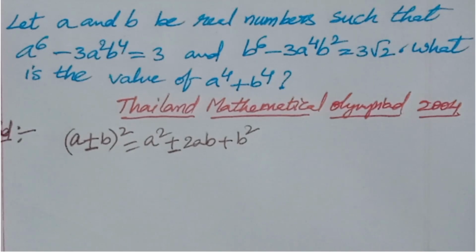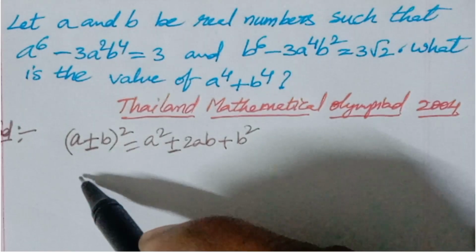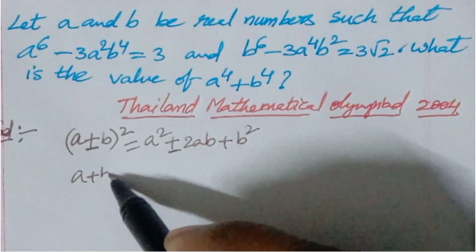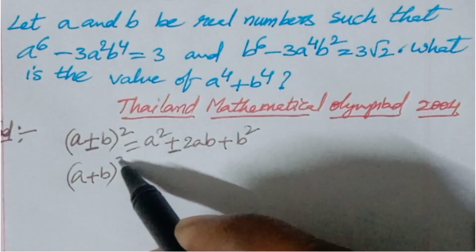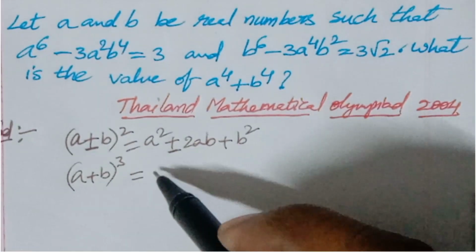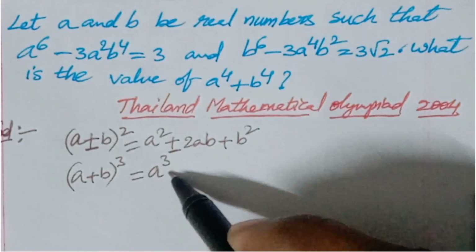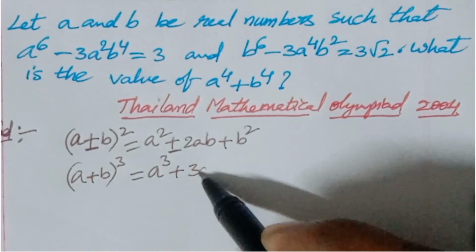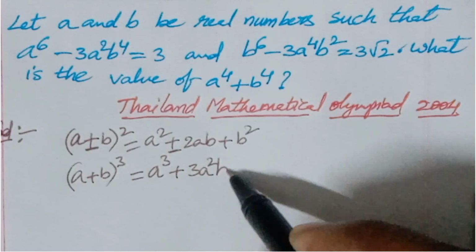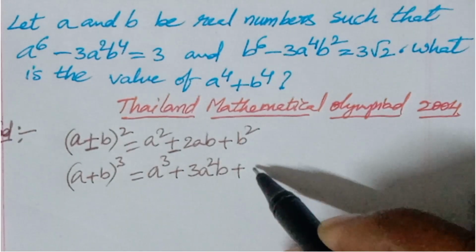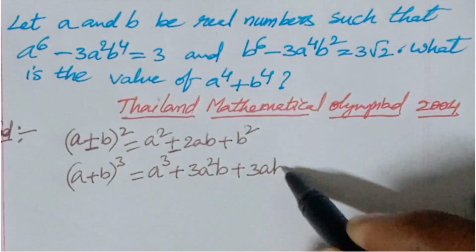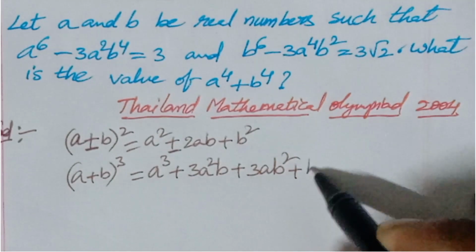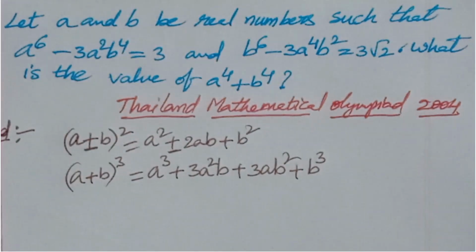Another formula is a plus b whole cube is equal to a cube plus 3a square b plus 3ab square plus b cube. By using these two formulas, we are going to solve this problem.